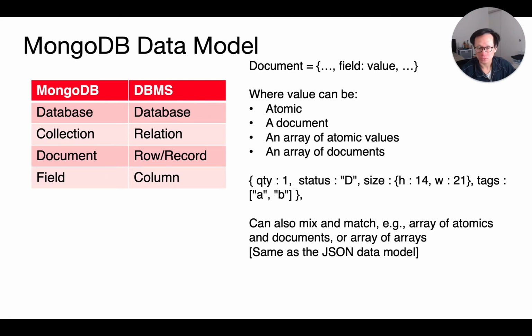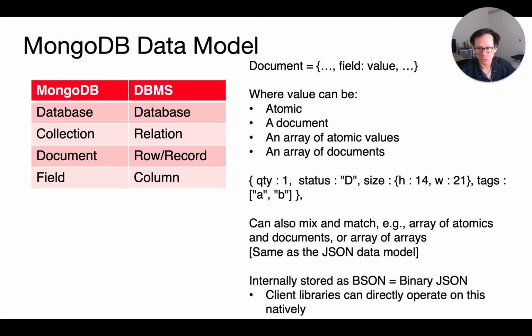MongoDB's data model is JSON, as we talked about earlier. The only thing that is new here is the ability to store JSON documents in binary form as opposed to strings. And that only works when the document itself is processed by another MongoDB instance if we send it over.